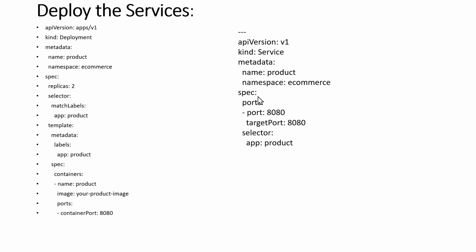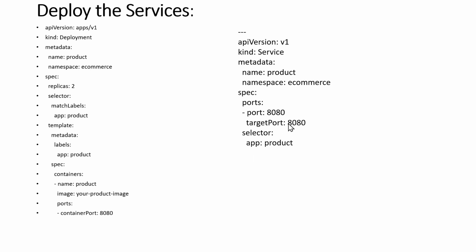From there I should have a load balancer, right? For that I will be using the service in the same file itself, by separating with the three hyphens, which says a new YAML document. So kind is service, metadata again refers to the same namespace of product, and in the specification, the port is what you are going to give here.